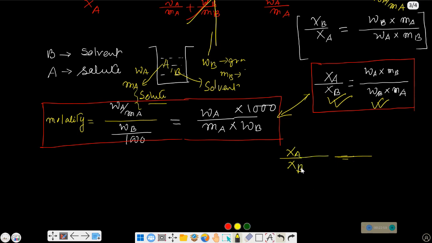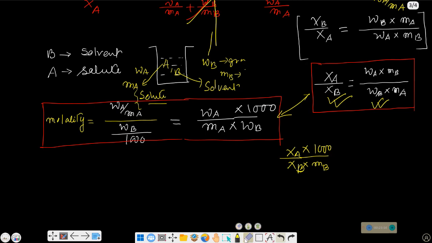XA by XB, now you divide this by the molecular weight of the solvent, and multiply it with 1000 on both sides of the equation.